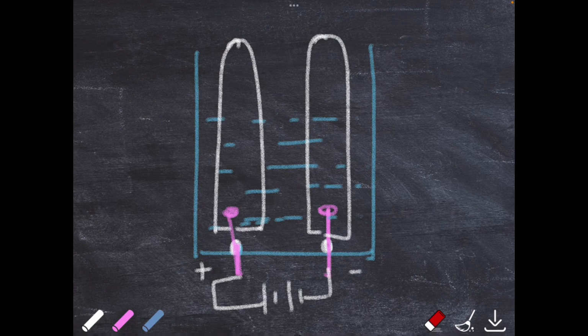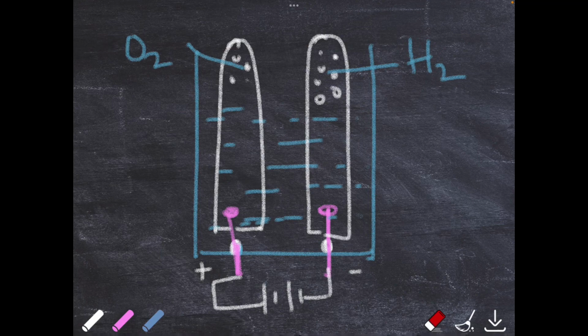On passing electric current, you will notice that the bubbles evolved on the cathode, that is this side, are double the bubbles evolved on the anode. These are lesser in number. So this is hydrogen here. Hydrogen is evolved on the cathode, and oxygen is evolved at the anode.